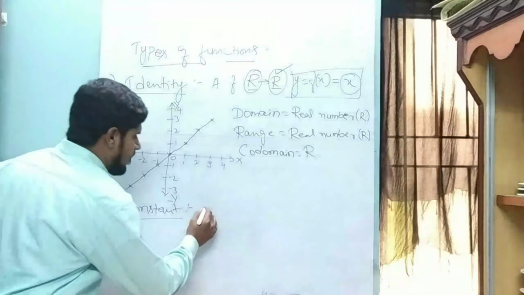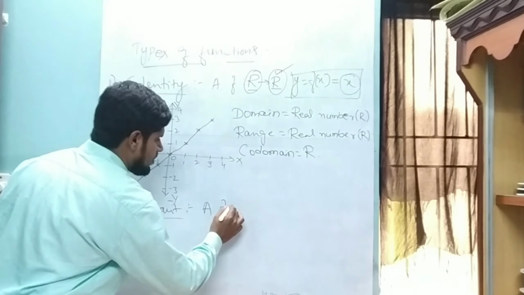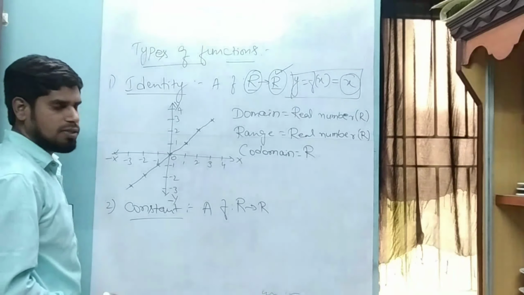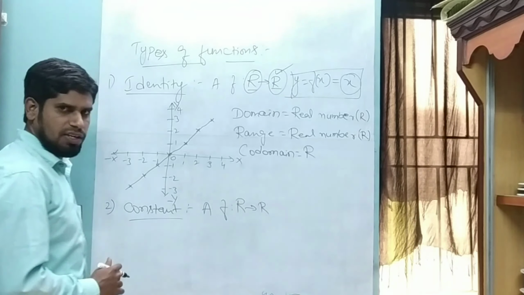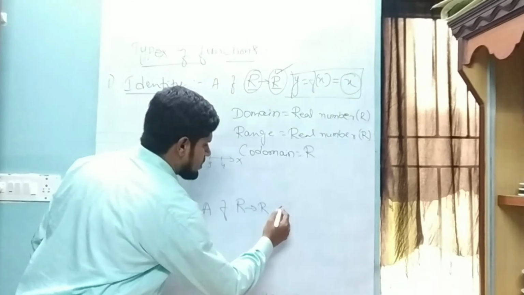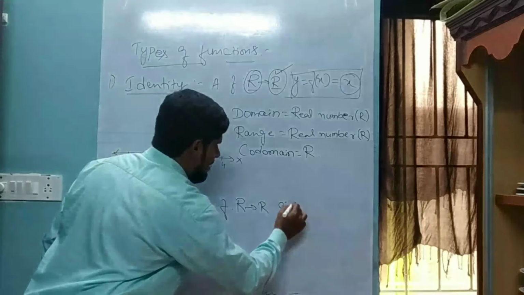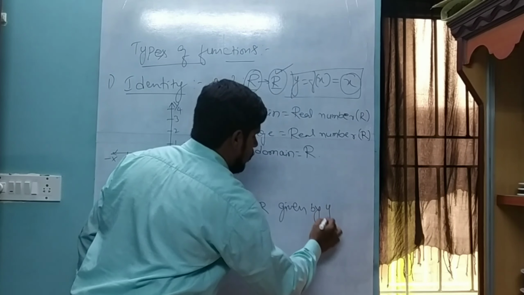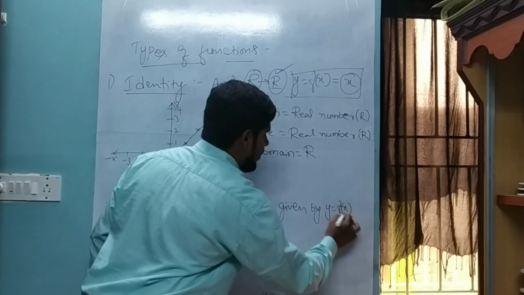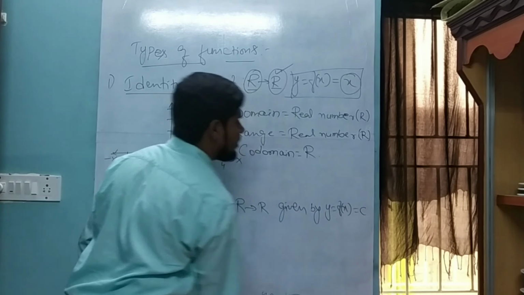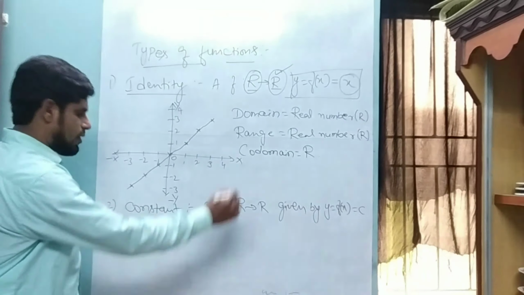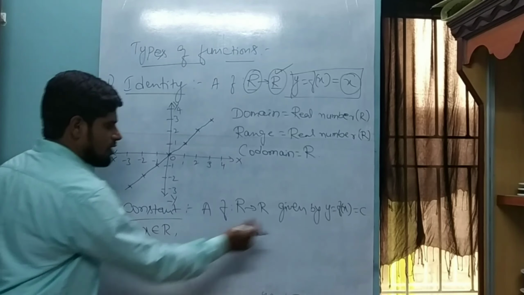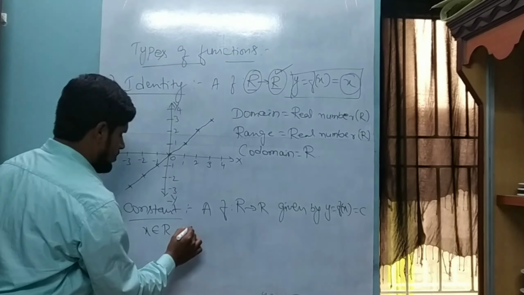Okay. A function f from R to R, that is real numbers to real numbers, is said to be a constant function, given by y is equal to f of x, and that should be equal to c, where x belongs to R and c is also from real numbers.